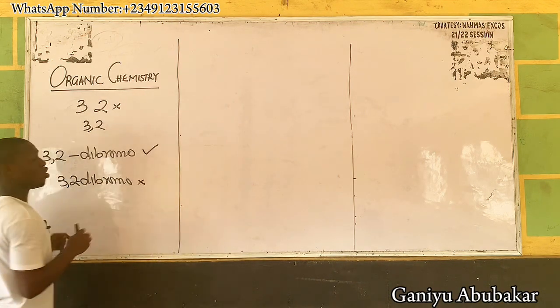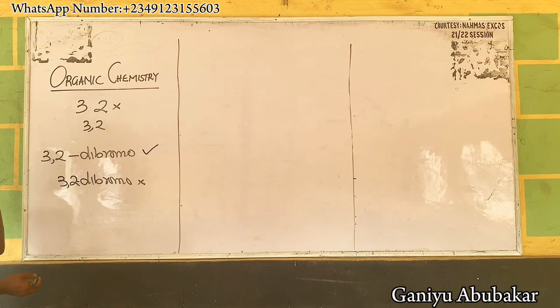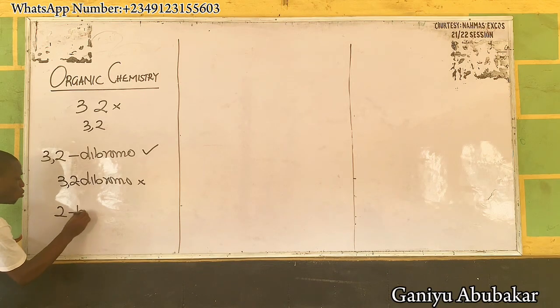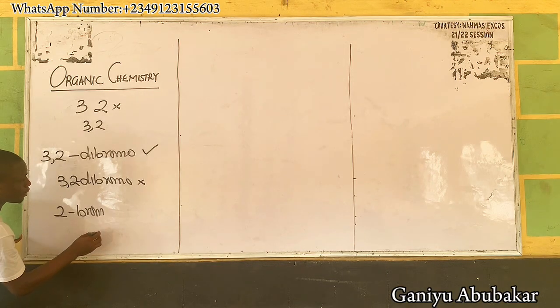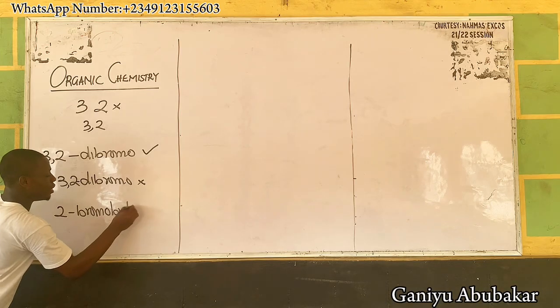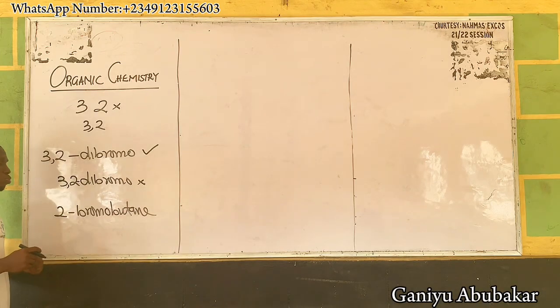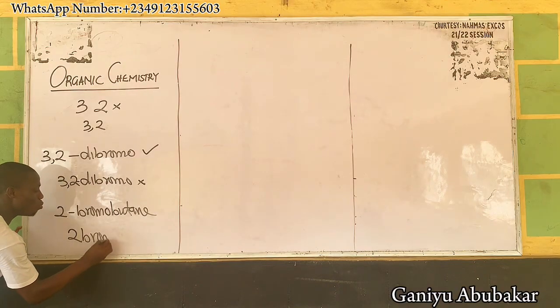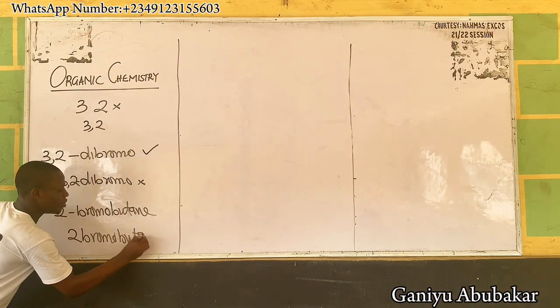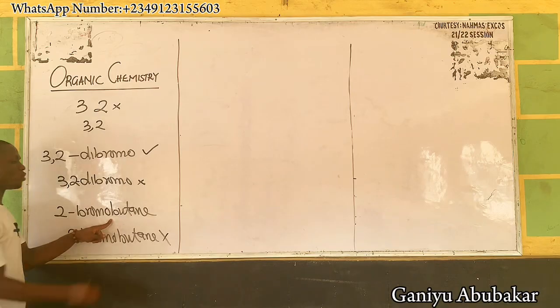This is wrong. Let's say I have another example. Let's say I have 2-bromobutane. I want to write 2, then bromo, then butane. So I have to write 2-bromobutane, not 2 bromobutane without the hyphen. That is wrong, and this is correct.